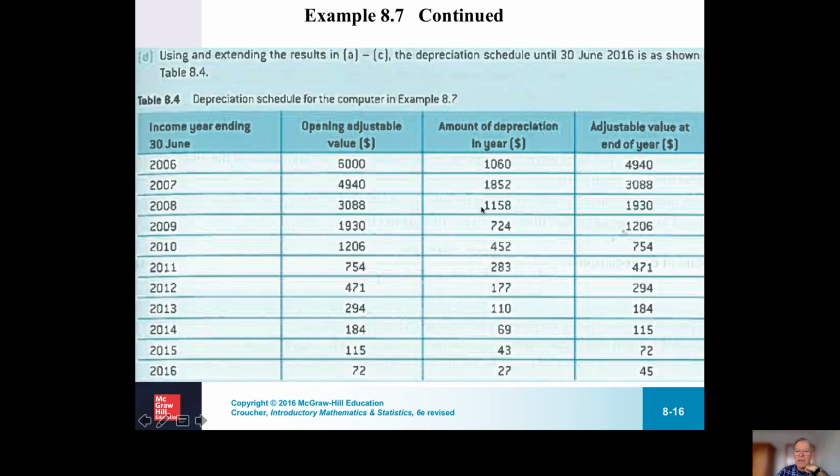And so we're allowed to claim a larger amount early on, which probably more accurately reflects its market value. But eventually we'd get down to small amounts and be able to write it off, save ourselves some hassle there. But for our questions, we'll just complete the schedule.